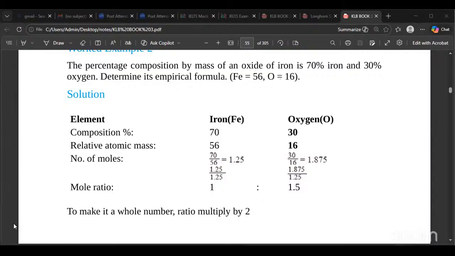That is why you multiply by 2 to make 0.5 into 1. If it was 1.6, you just round off. But when it is half, it is an improper fraction, and to make 1.5 whole, you just multiply by 2. You take out the 0.5 part.